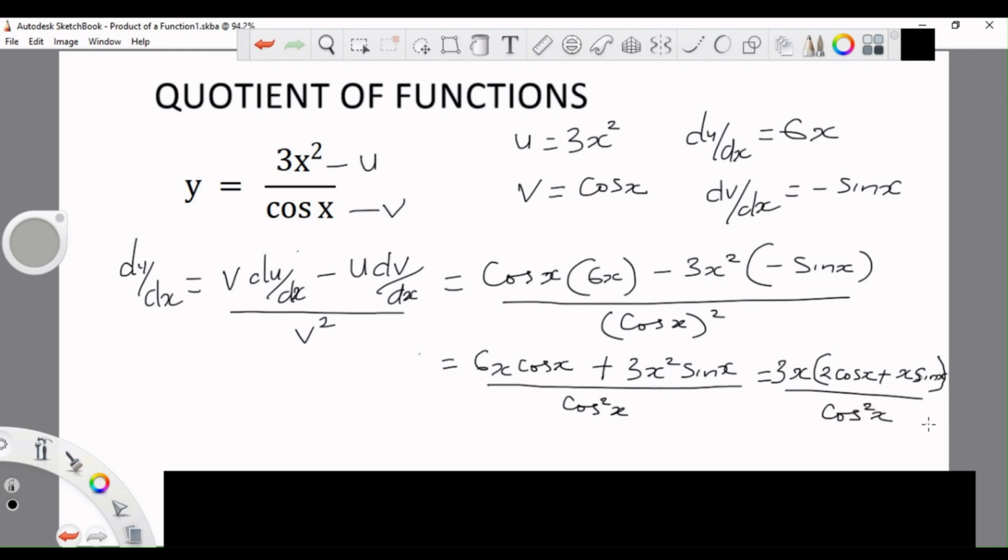So this is our final answer. So when we differentiate 3x squared over cos x, what we get is 3x open brackets 2 cos x plus x sin x over cos squared x.